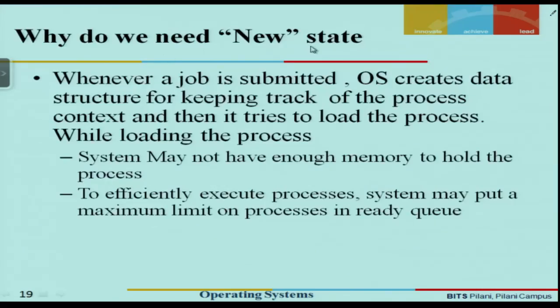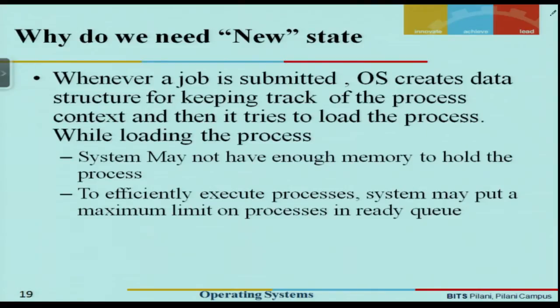So let us see why we require a state named new state. We know that whenever a job is submitted, the OS creates a data structure for keeping track of the process context. It is possible that it creates a basic data structure where it keeps track of where the text section of memory for the process is going to be, and where the data section of memory for the process is.